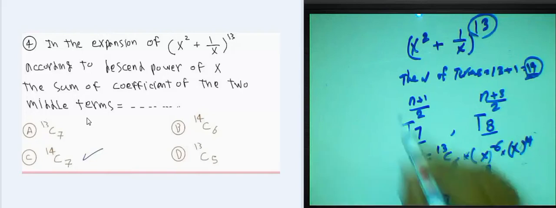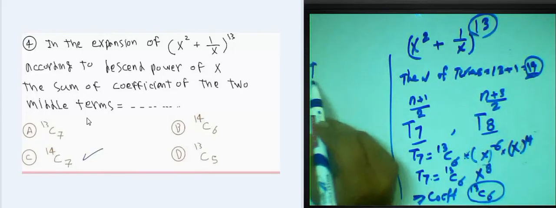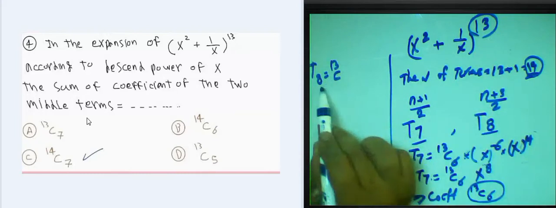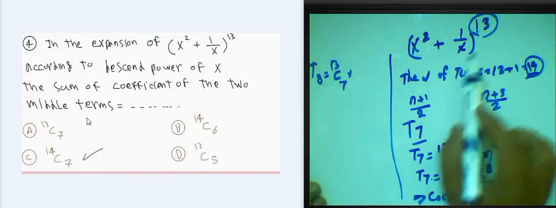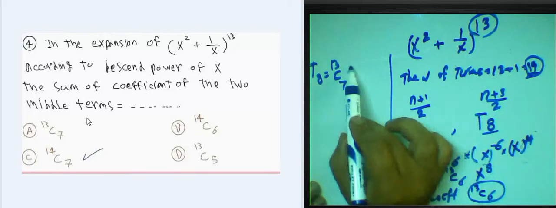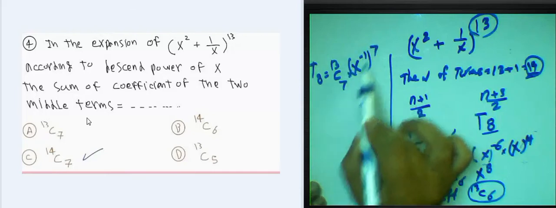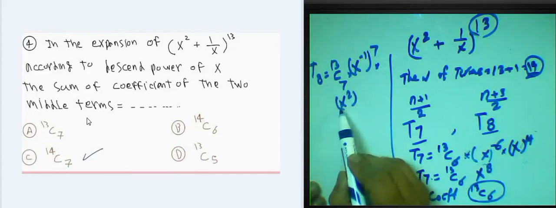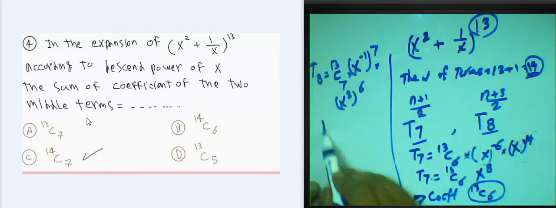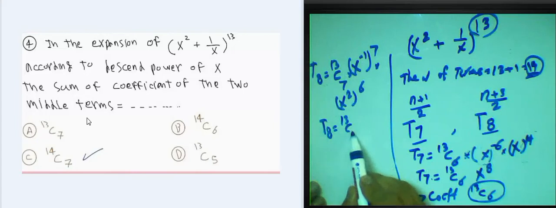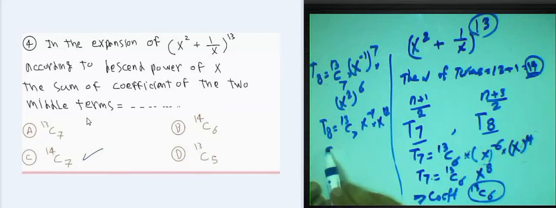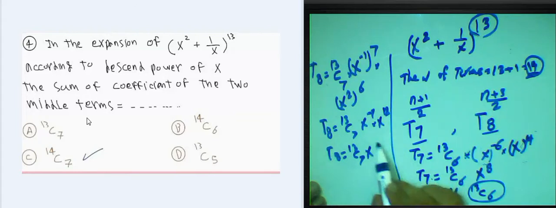Term 8 is 13 combination 7, multiplied by the second term to the power 7, x to the power negative 1 times 7, multiplied by the first term x² to the power of the difference between 13 and 7, which equals 6. Then term 8 would be 13 combination 7 times x^(-7) times x^12. You can simplify it. Term 8 is 13 combination 7 times x^(12-7), which is x⁵.